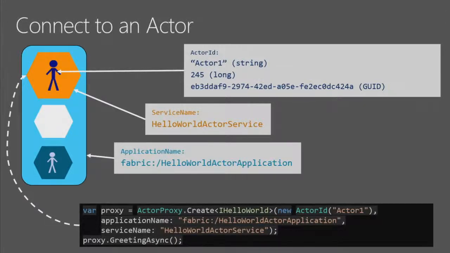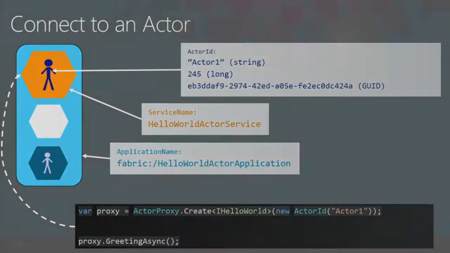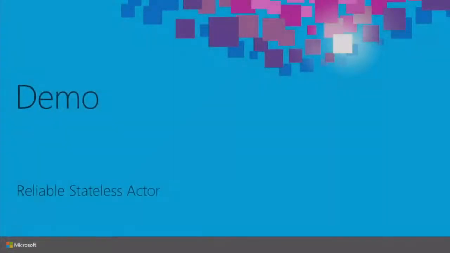If that's the case, you also don't need to provide the service name. We can infer the service name from your actor contract itself, right? So most of the time when you are contacting your actor from within the context of an application, all you specify is the actor ID, and then you talk to that actor. Make sense? Okay, let's go ahead and look at an example stateless actor.